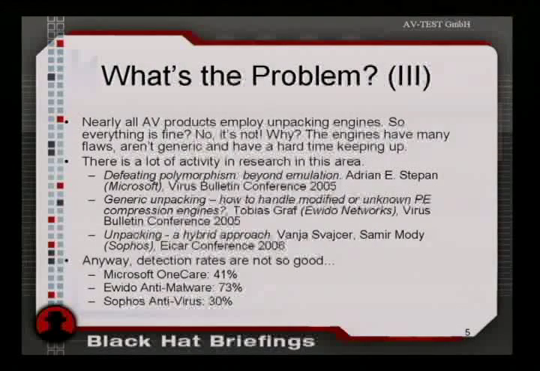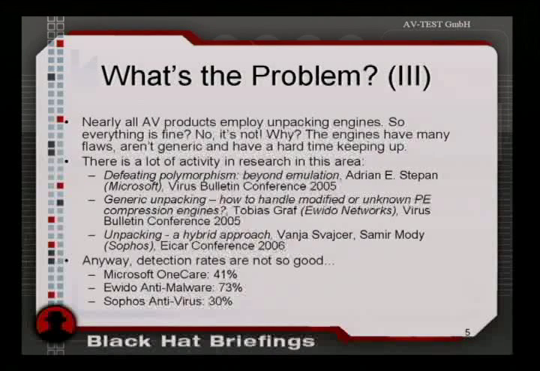Now, this is the malware side of the view. Now, the vendor side. Runtime packers are around since the late 80s, and they have been used in malware for many years now. On the other hand, we know basically every antivirus software employs unpacking engines. So one should think everything is fine, because the problem is known, the runtime packers, and the solution is there, the unpacking engines.